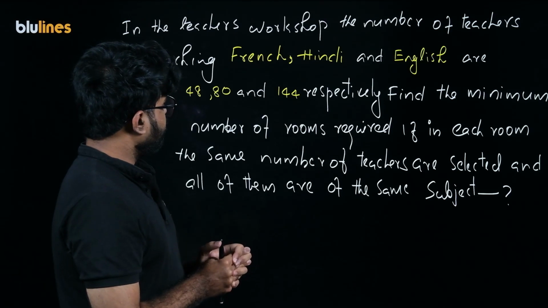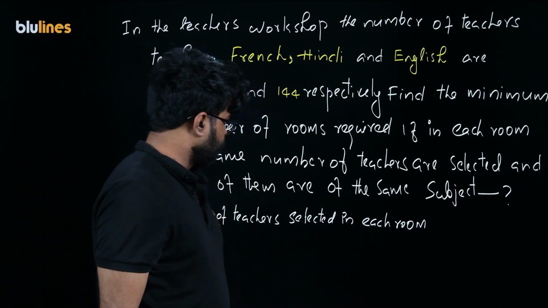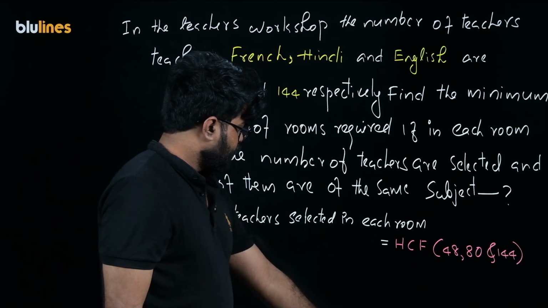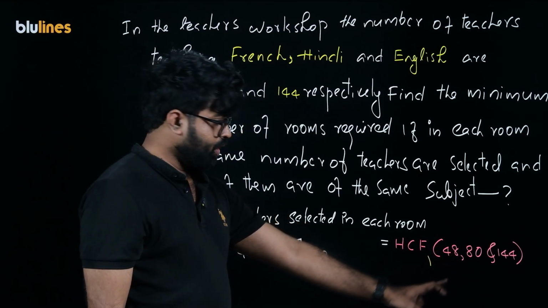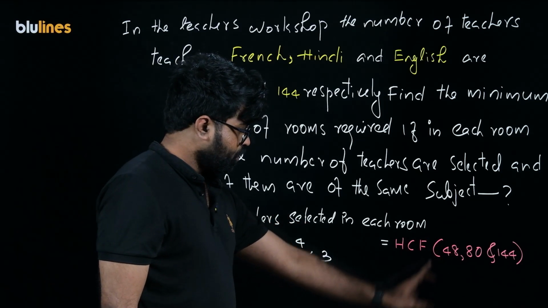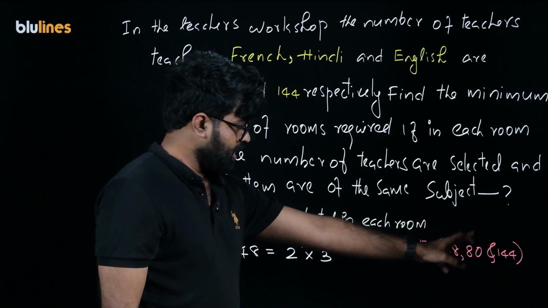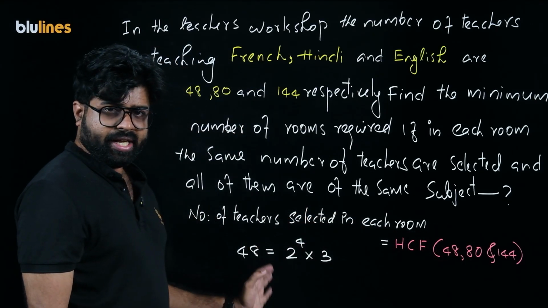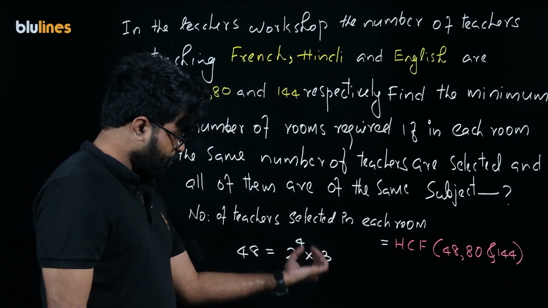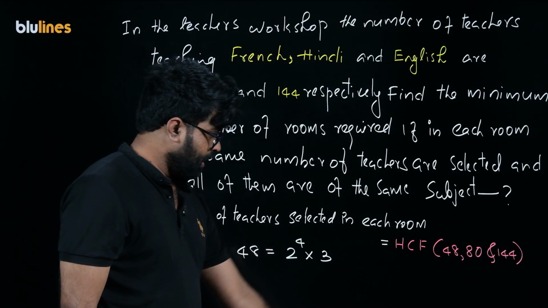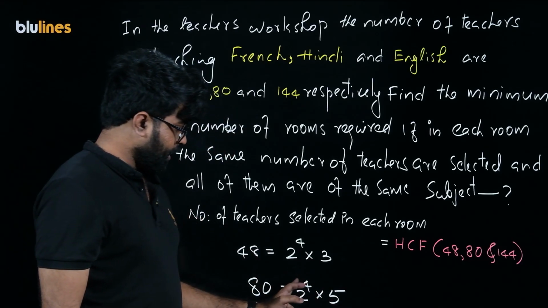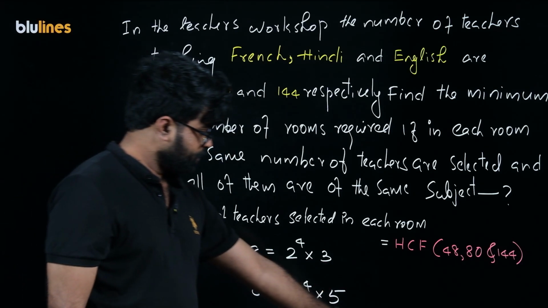First of all, the number of teachers who teach French is 48, and basically we need to calculate the HCF. So we have 48, 80 and 144. 48 can be represented as 2 raised to 4 multiplied with 3. Similarly, 80 can be written as 2 raised to 4 multiplied with 5.